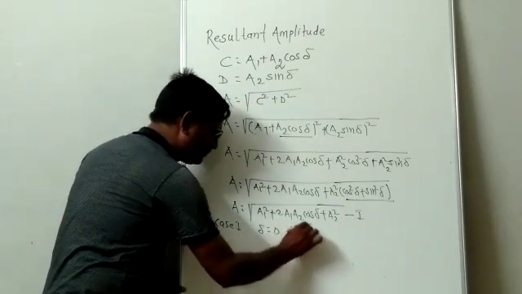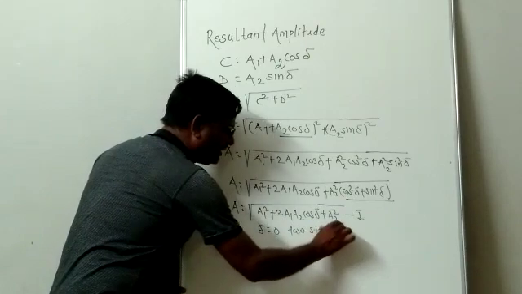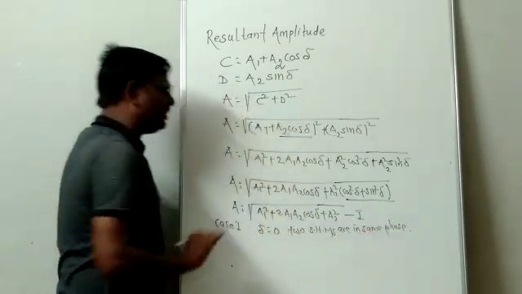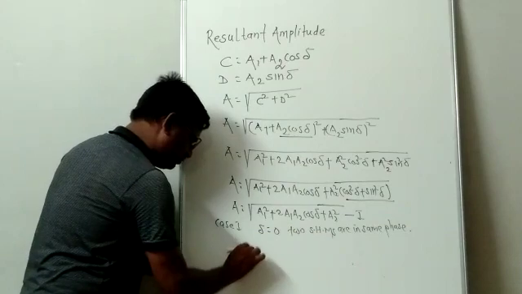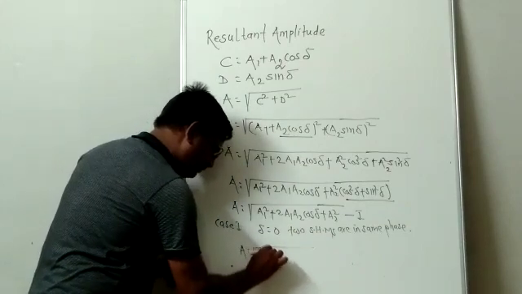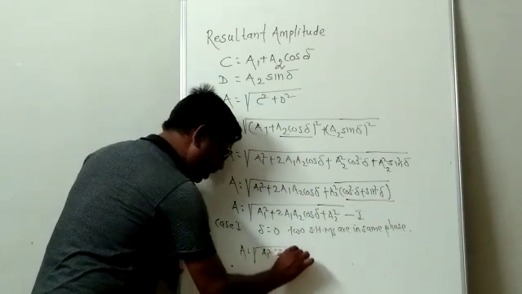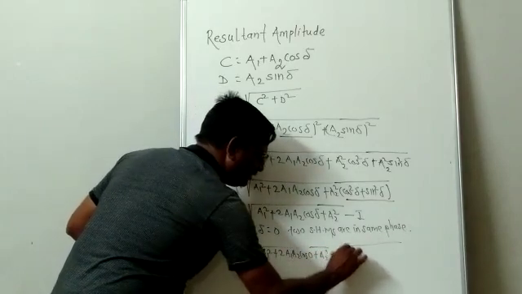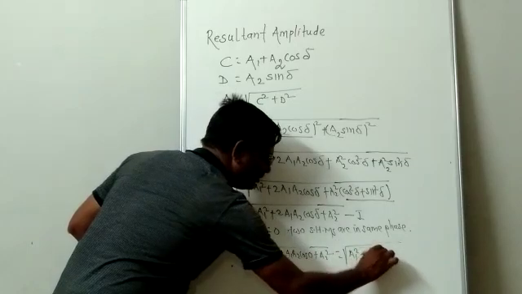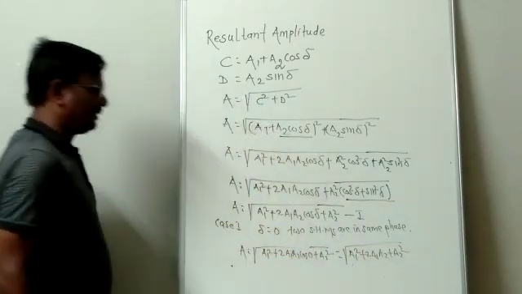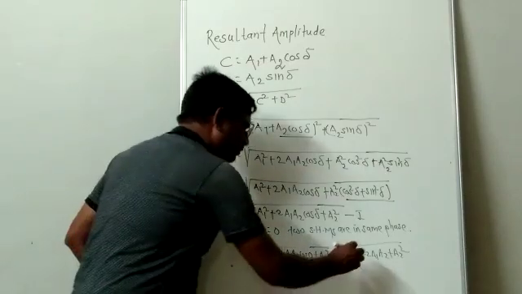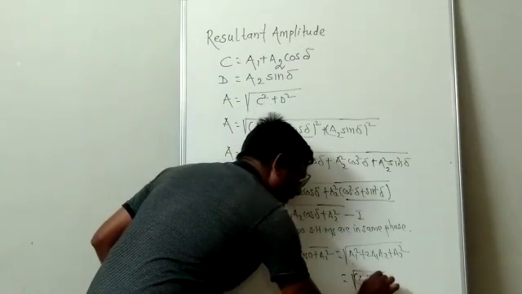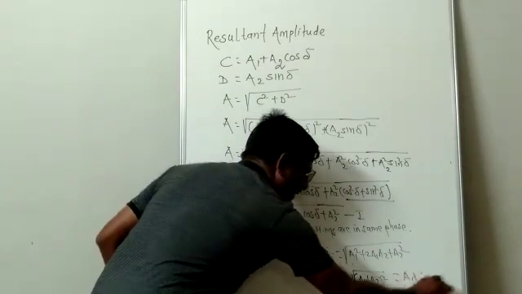Then A is equal to the square root of A1 square plus 2A1 A2 cos 0 plus A2 square, which is equal to the square root of A1 square plus 2A1 A2 plus A2 square, which is equal to the square root of (A1 plus A2) whole bracket square, which is equal to A1 plus A2.